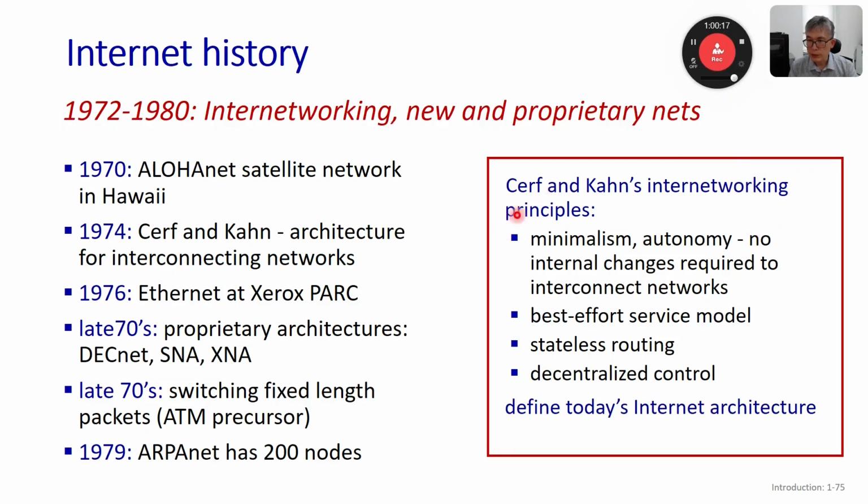Cerf is the father of the internet, and Cerf and Kahn's internetworking principles are minimalism, autonomy, no internal changes required to interconnect networks, best effort service, not quality of service, stateless routing, not stateful routing, and decentralized network.